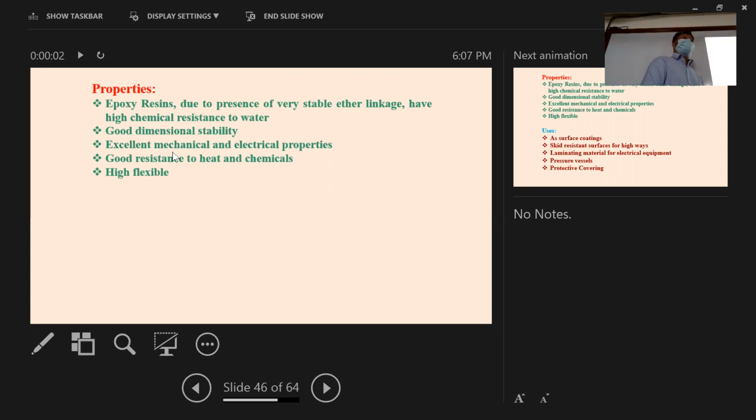Dimensional stability, excellent mechanical and electrical properties. Interesting thing: most of the time we have learned that different types of polymers are resistant to electricity or heat, but this has excellent mechanical and electrical properties. It has good resistance to heat and chemicals. If you heat it up, it does not melt easily, and it does not react with chemicals very often. High flexibility, just soft.